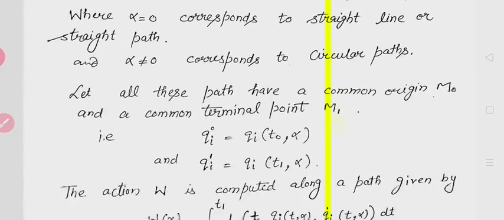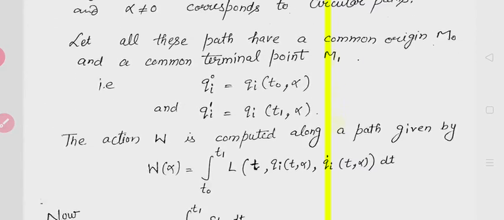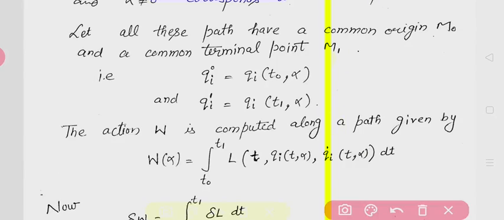So all the paths have the origin, that is the initial point m0, and the terminal point m1, where qi0 means the qi value at t0 and alpha, and qi1 means qi at t1 and alpha.